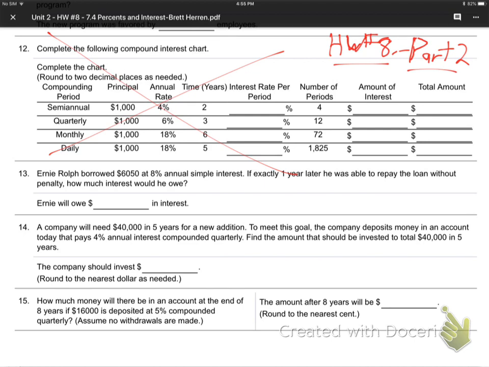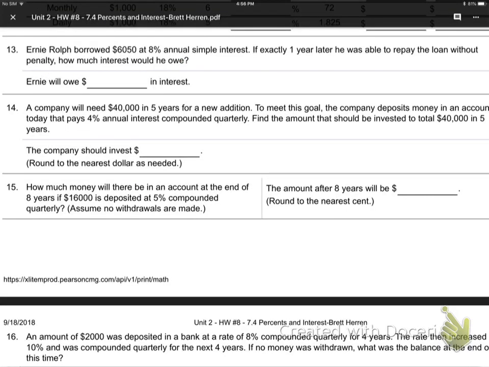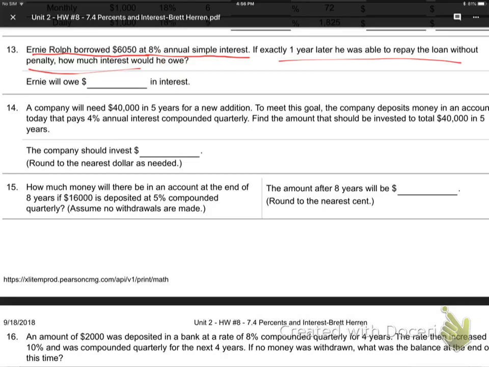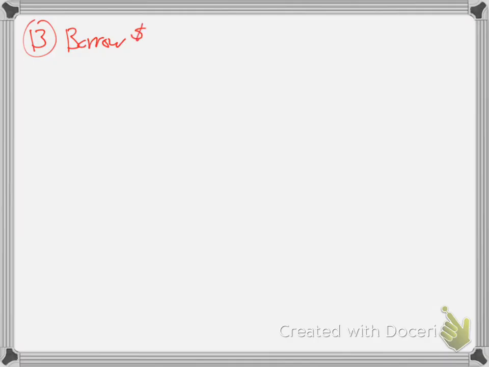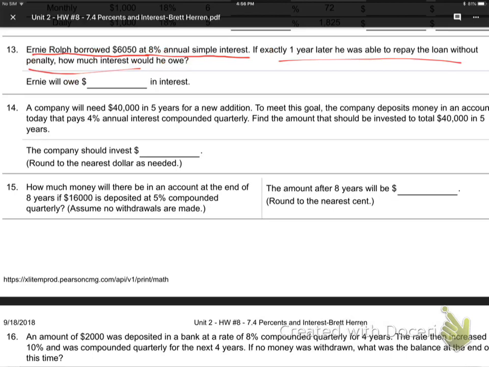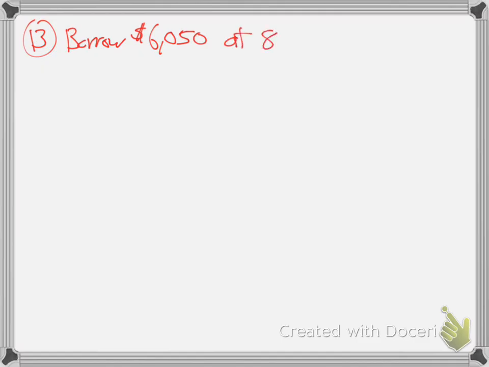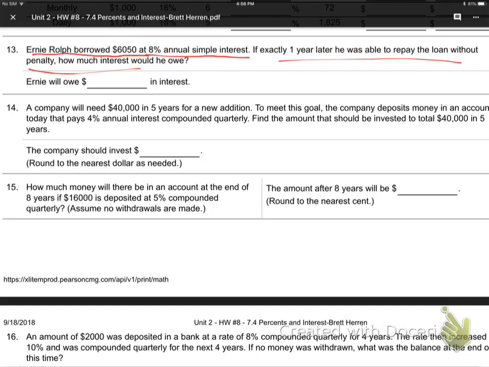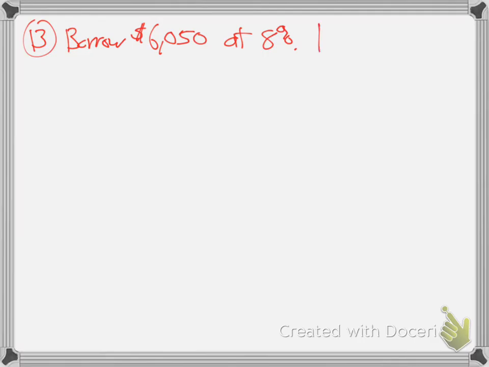Let's go on to 13. So here's number 13. Ernie Rolfe borrowed $6,050 at 8% interest. Exactly 1 year later, he repaid it. Okay, so let me go to a fresh screen. Borrowed $6,050 at 8% for 1 year.